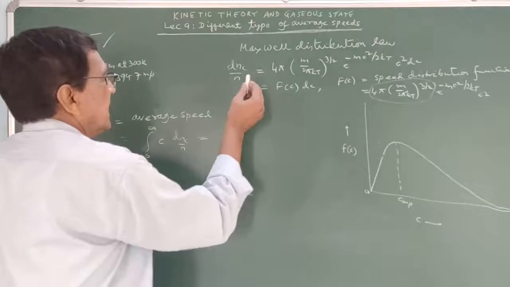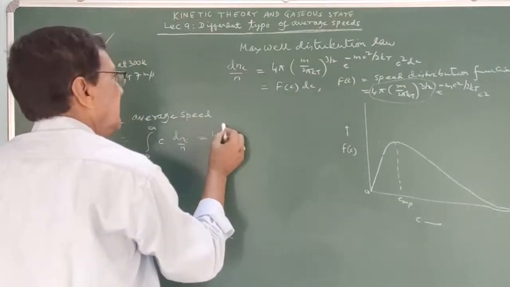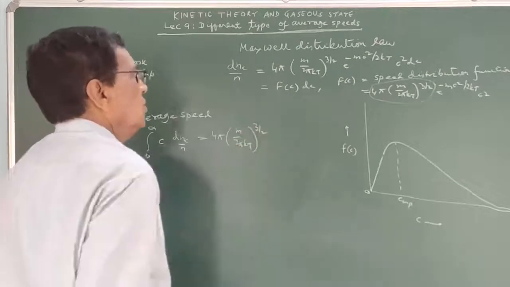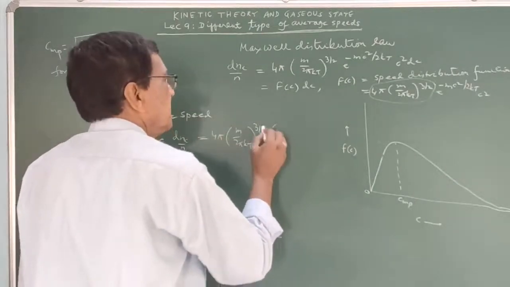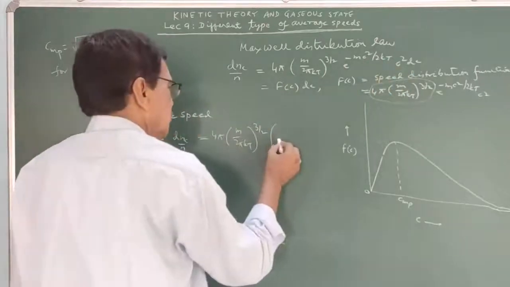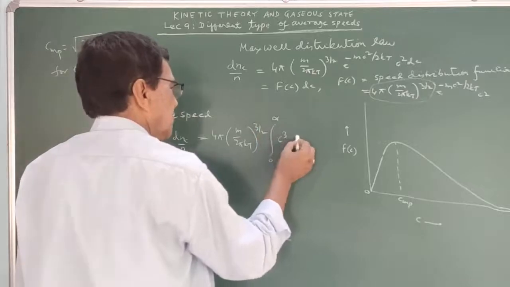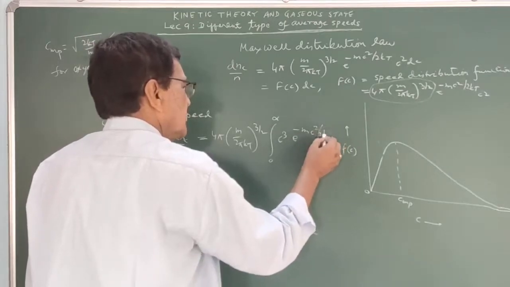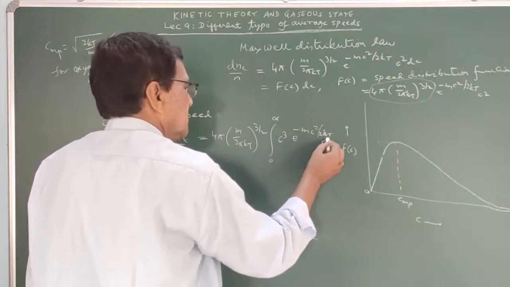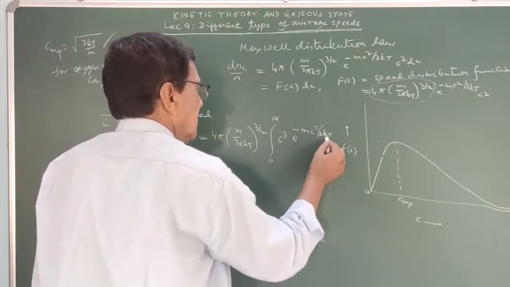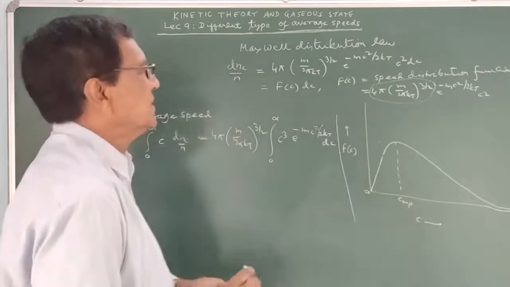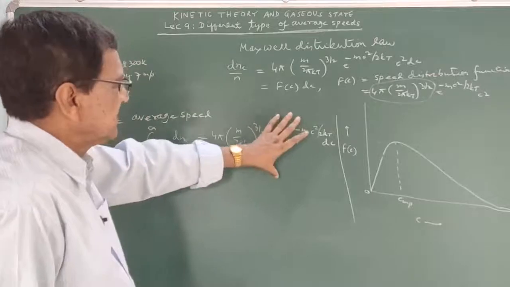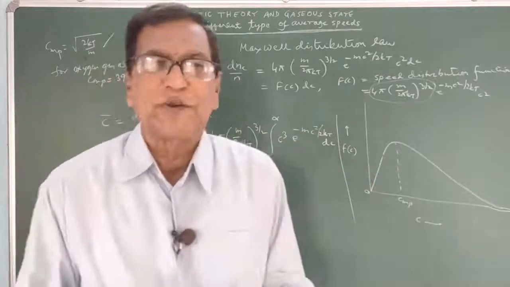So if we put it here, then 4 pi (m by 2 pi kT) to the power 3 by 2 will go outside of the integration, and inside we have c square and c giving c cube, integration 0 to infinity, e to the power minus mc square by twice kT, into dc.